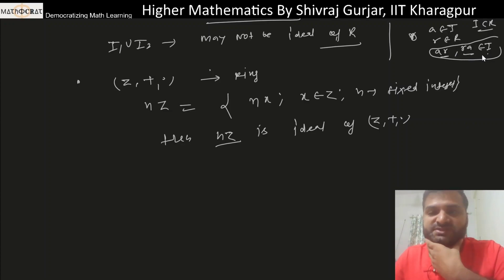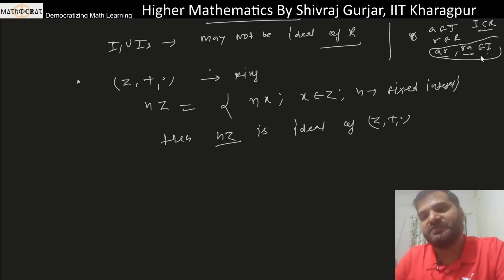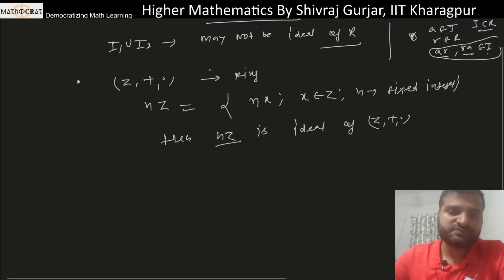Basically I absorbs this. I use the word absorption of elements of R by I. ठीक है? So this ar and ra should be in I. Then only will we say कि I जो है वो ideal है.